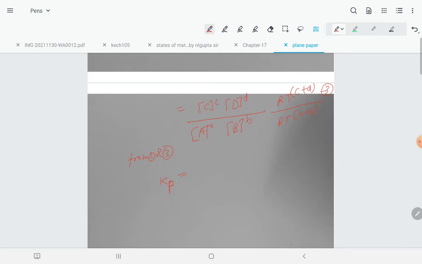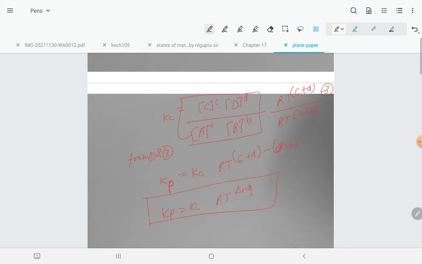Kp is equal to Kc, RT power c plus d minus a plus b. So better you can write Kp is equal to Kc RT power delta ng.